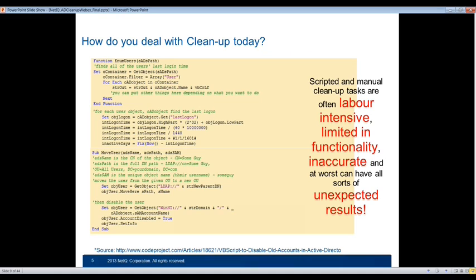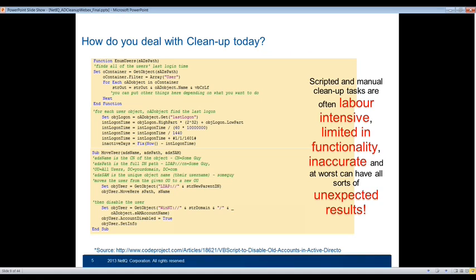Whilst they're labour intensive to generate, the risk even more potentially is if the guy who's researched and written that script leaves the organisation, that script then potentially becomes unusable because the new guy that's replaced him doesn't know exactly what it's doing and potentially has unexpected results because they don't understand it.